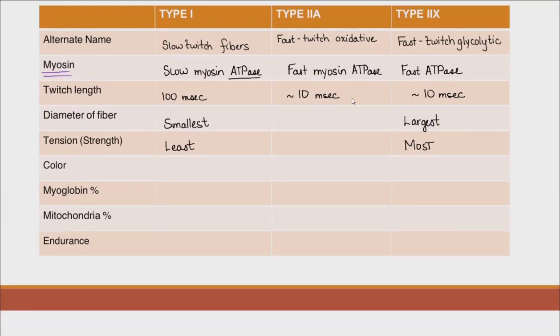So type 1 is usually dark red, where type 2X is very pale and almost whitish. And the color is a direct reflection of how much myoglobin is in there. So type 1 has the most myoglobin, and type 2X has the least myoglobin.